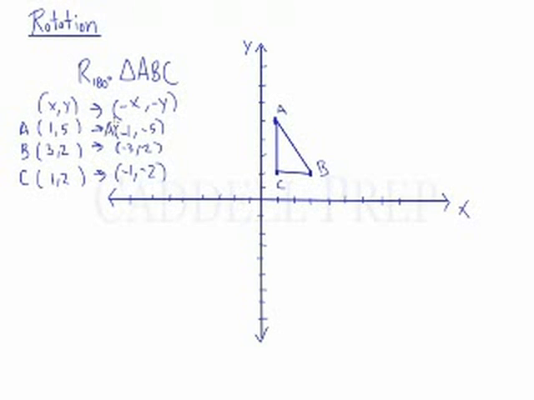So this is A prime, B prime, and C prime. A prime is negative 1, negative 5. B prime is negative 3, negative 2.